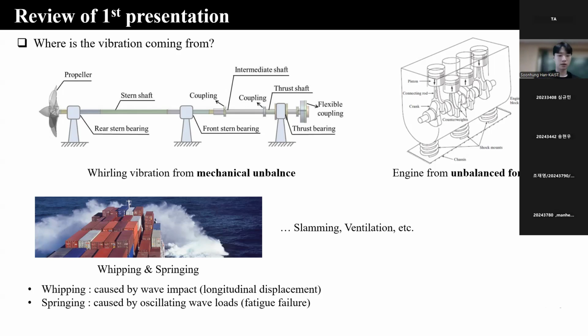Whipping can cause a longitudinal displacement, and it's caused by the impact of waves. Springing also causes fatigue failure, which is caused by oscillating wave load. There are also other ways vibration arises, such as slamming or ventilation.